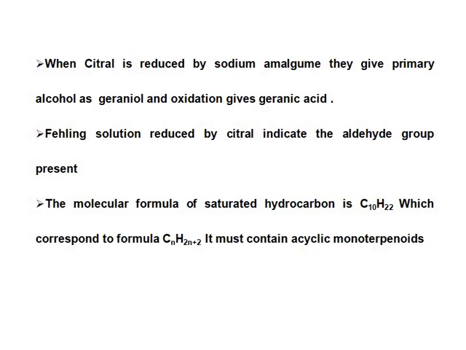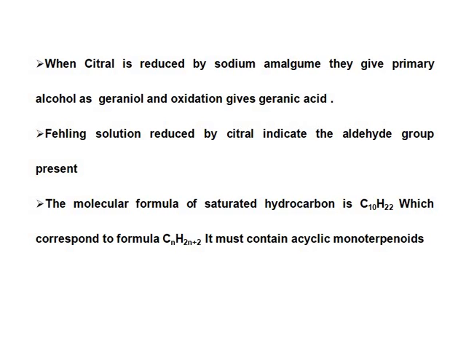Another test can also be done, the very famous Fehling's solution test. Such a test can be used to detect the aldehyde group, and therefore citral shows a positive Fehling's test.